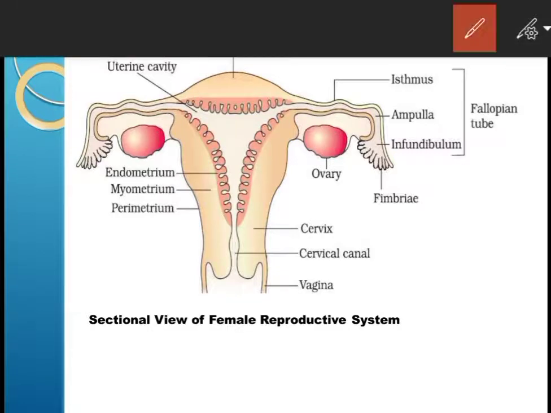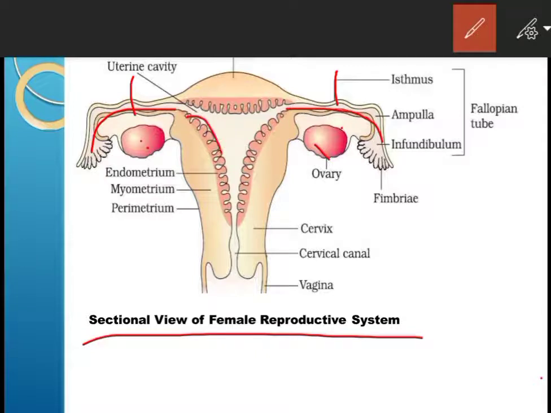This is the sectional view of the female reproductive system, where you can find there are a pair of ovaries. These are the ovaries. Then a pair of oviducts. This tube-like structure are the oviducts.